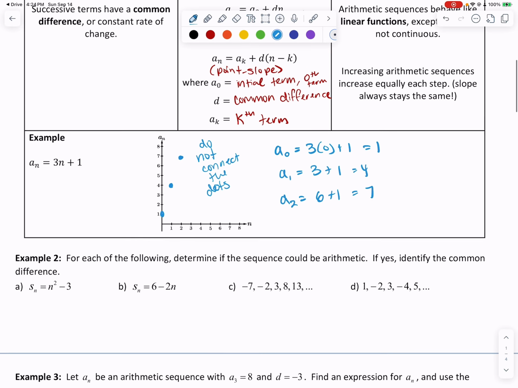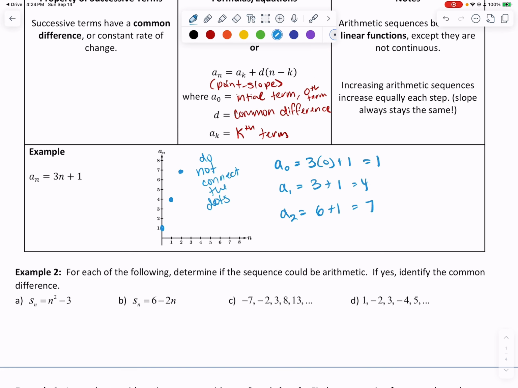All right, so for example, let's look at these four and see if they are arithmetic or not. Take a moment, pause, see which ones you think are. All right, A has n squared. N squared is very clearly quadratic, right? That cannot be linear, so this would not be an arithmetic.